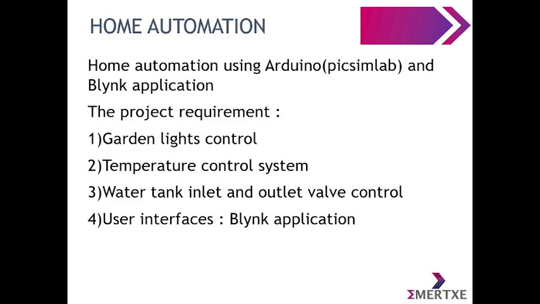In the Blynk application, in the Blynk cloud we create an account, and then we create a template. In the template we create new devices and name the devices there, and then we create data streams. In data streams we create a virtual pin.